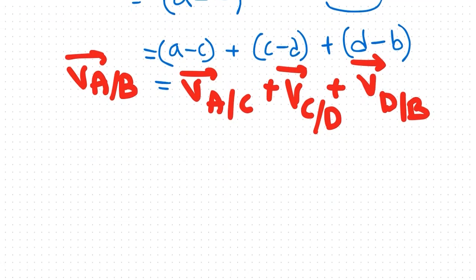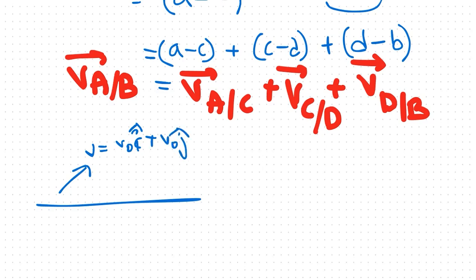So questions can be given as, let's say person A is moving with some velocity V naught i cap plus V naught j cap. Person B, let's say V i cap. Person B is moving like this, person C is some random, person D moving like this.